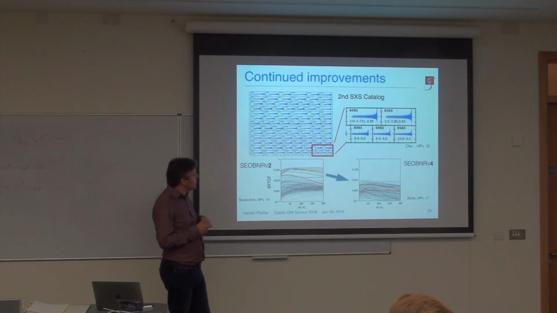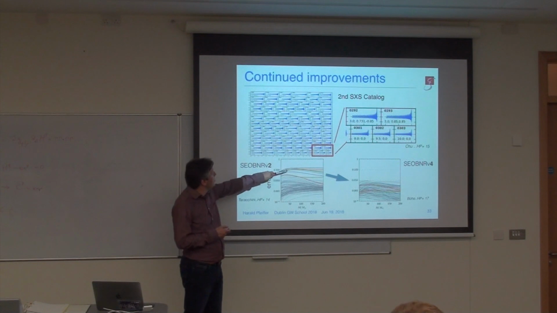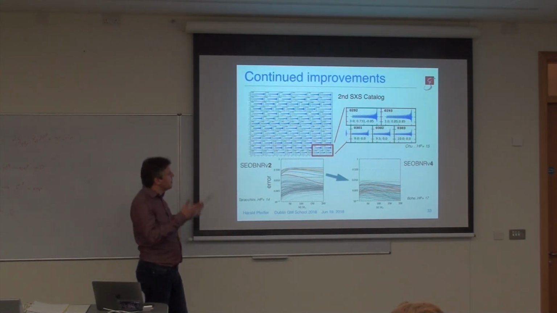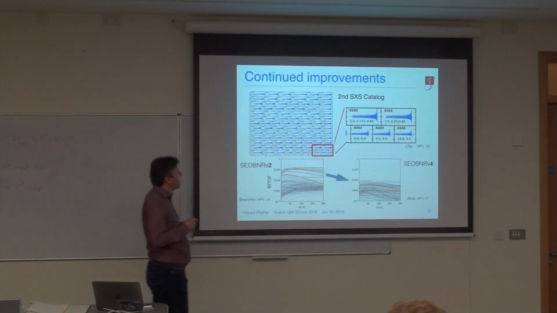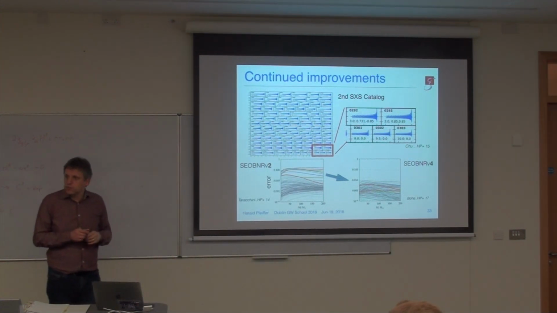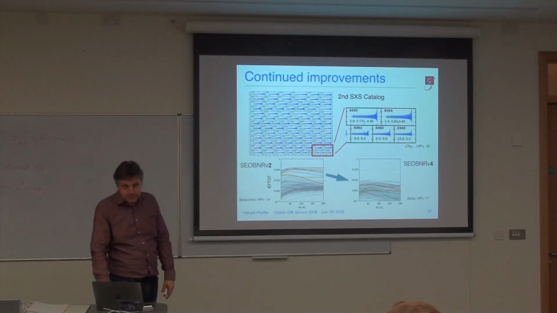And then having the new data set and having identified where in parameter space the model is deficient, our collaborators around Alessandro Bonanno and her group went in and improved the EOB model, and the new model is now better by about a factor of 20 or so in terms of mismatches than the older model.